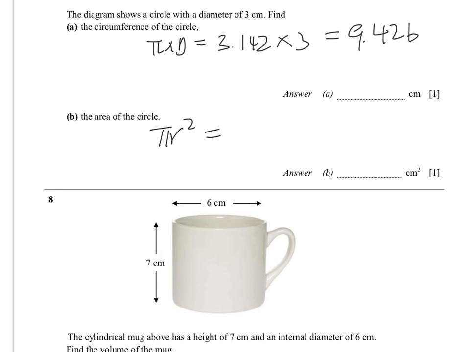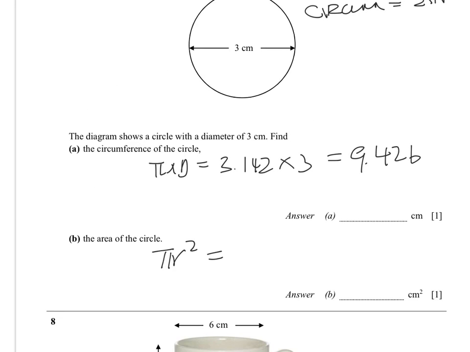For the area of the circle, I'll just apply pi r squared. For the radius, I have to take 3 divided by 2. So it will be 3.142 times that squared. That will give me my answer here.